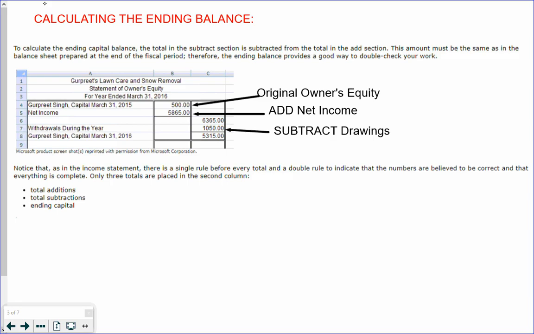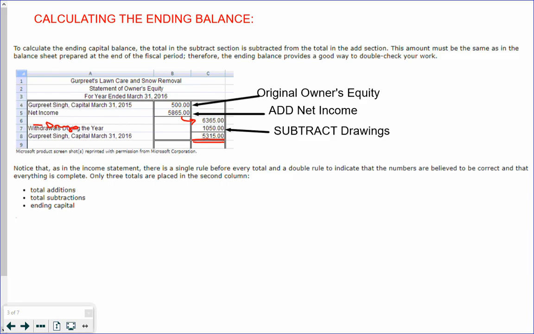You add in the net income, and you put the answer to that in the second column. Then you subtract the drawings, and that goes in the second column, which gives you the final capital amount. So it's just first column, second column.